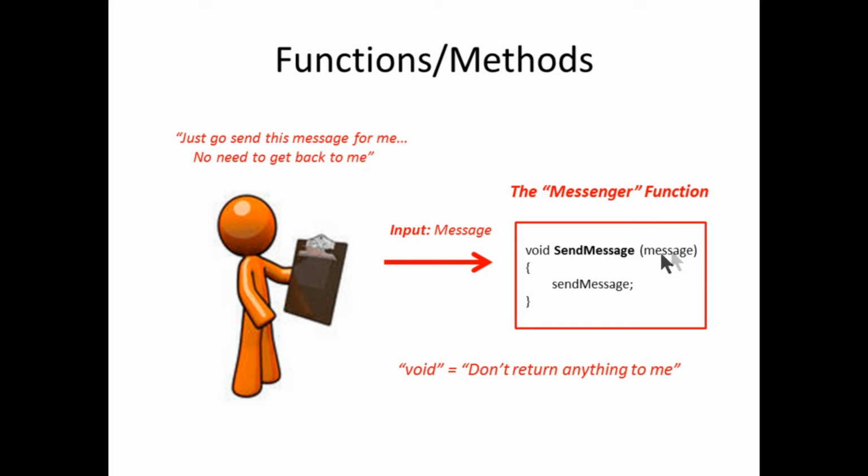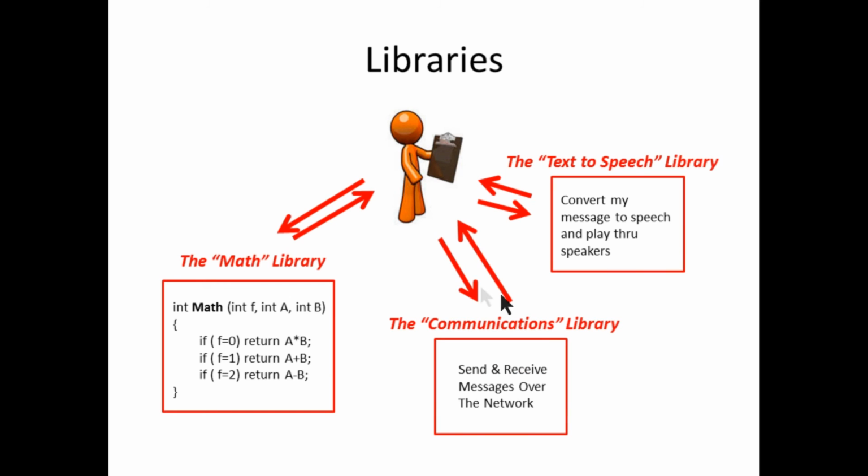I pass it a message, and the function of this messenger is to send the message. Now, this might be 50 lines of code required to send the message, and the return value will be void. It will be nothing. I don't want anything to come back to the messenger. So void means don't return anything to me, back to the supervisor. So I input a message, it does its thing, and it returns nothing.